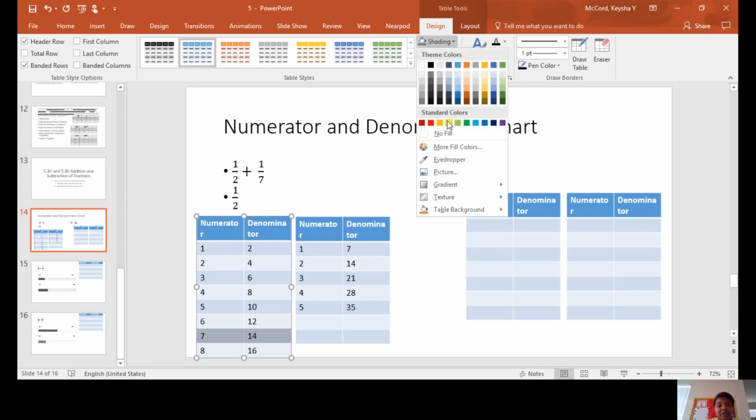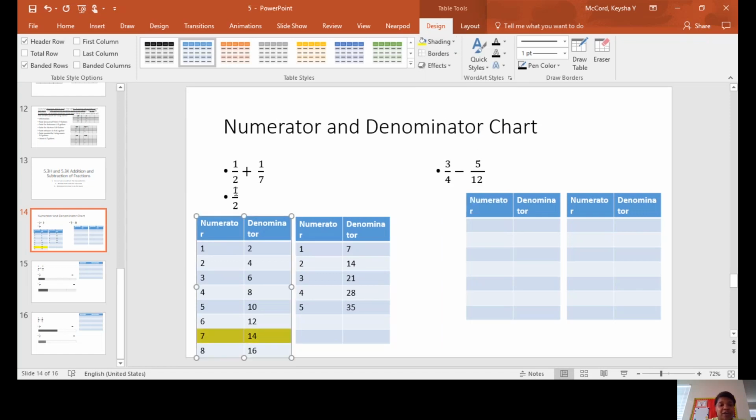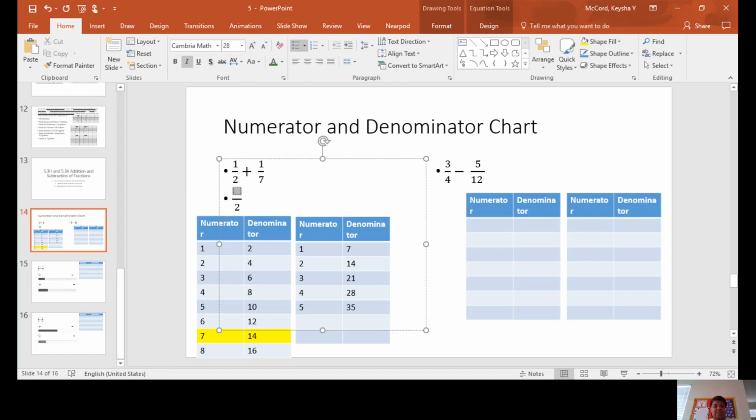And I'm going to shade it yellow. This fraction is 7/14. Okay.